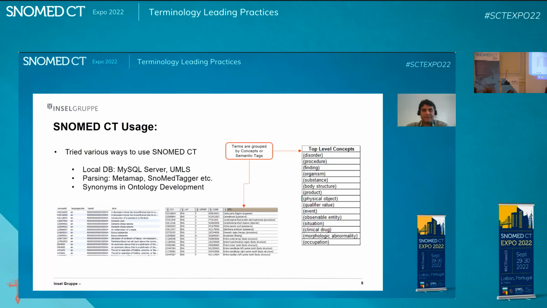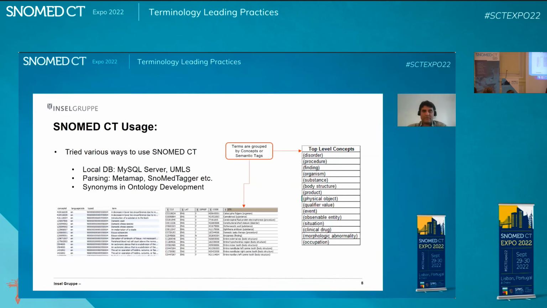Before going to discuss terminology server, I would like to show there are various possibilities to use SNOMED CT. You can load a local SNOMED CT in local databases, for example, a MySQL server. SNOMED is also part of the Unified Medical Language System, UMLS, which covers a lot of terminology source vocabularies.